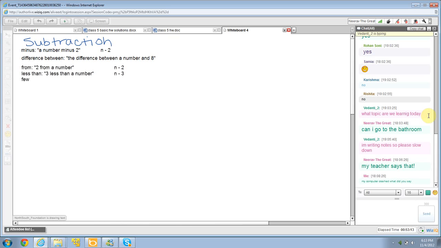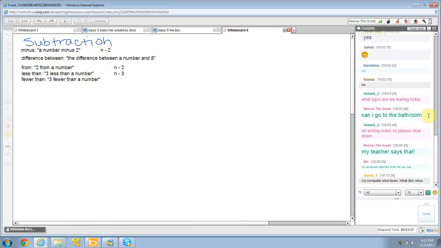So then we have fewer than. It's the same thing. Instead of less than, I'm just going to say fewer than. So 3 fewer than a number. It's not grammatically correct necessarily, but you could say a number fewer than 3. When you say a number less than 3, it implies this n is less than 3.